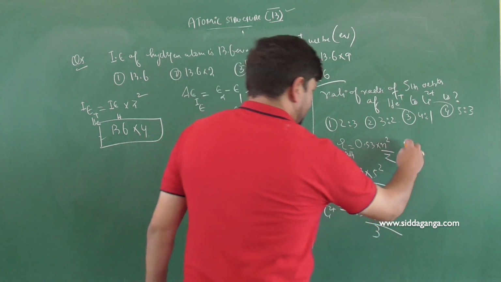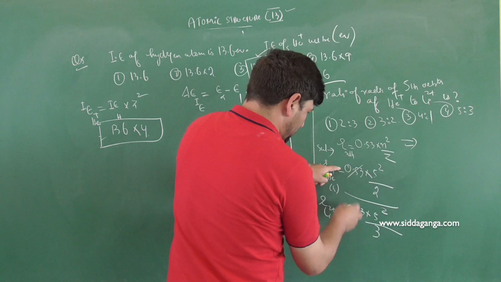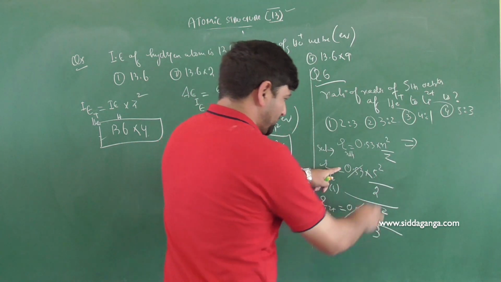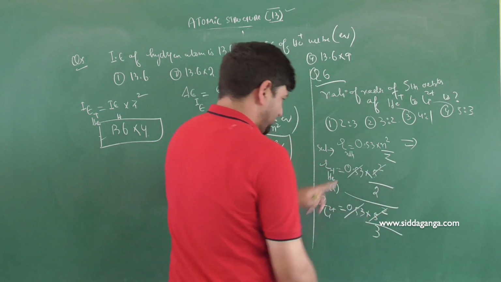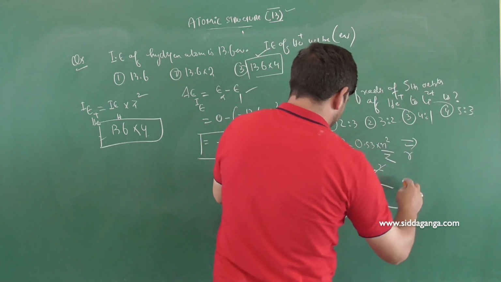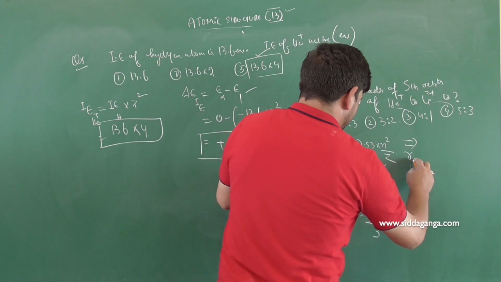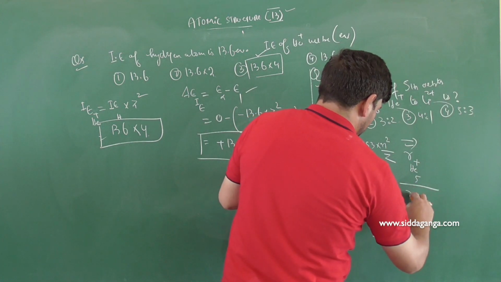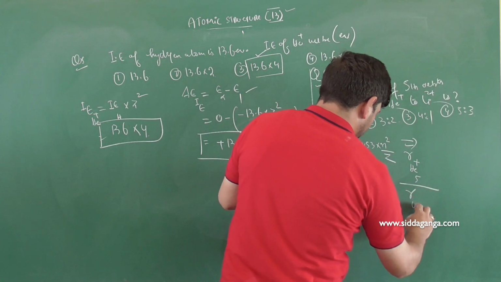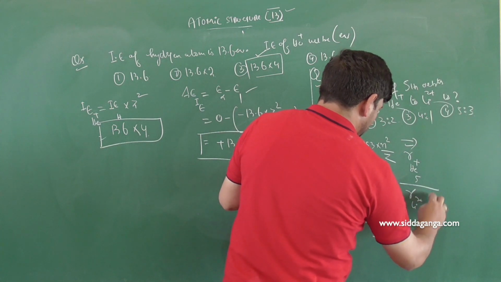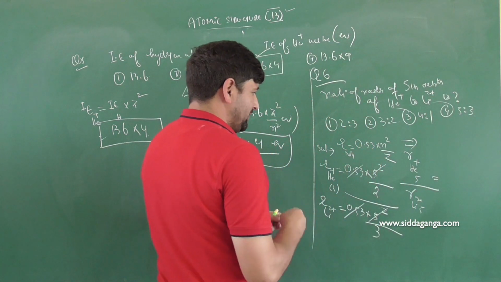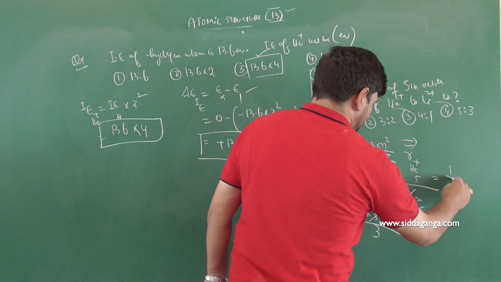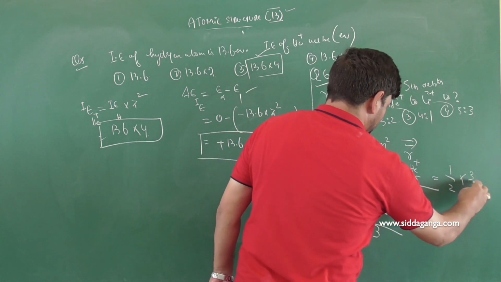Then these two will be out, so 5 square will be off. So the ratio of the radii of helium plus fifth orbit by lithium 2 plus fifth orbit will be what? It will be now 1 by 2 into 3 by 1.